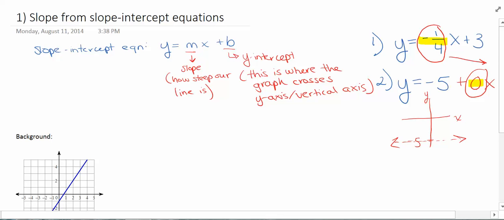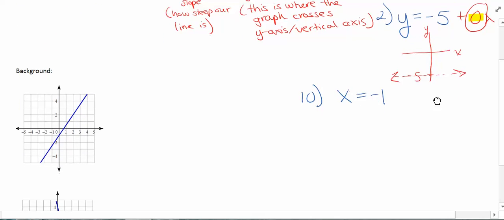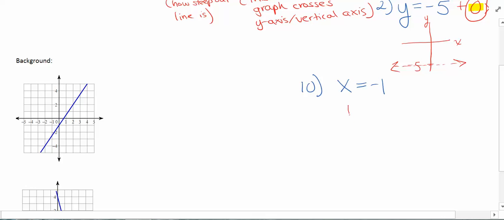The only other issue that I could see you running into is on, for example, number 10. This one is entirely different. It is x equals -1. And if you're thinking about the graph of this, that means that our graph, here is our x-axis and a y-axis, and at -1, we have this vertical line.